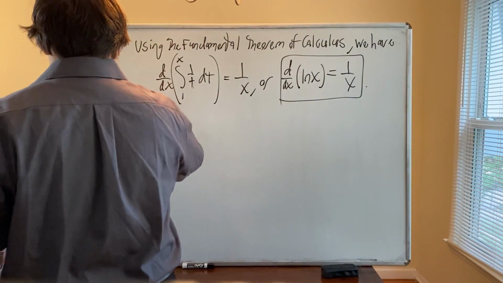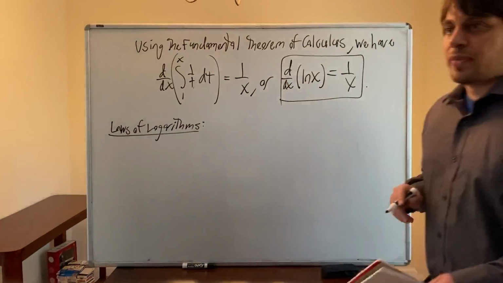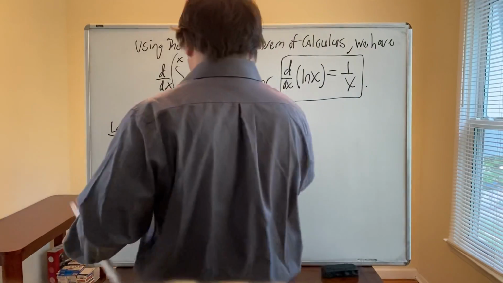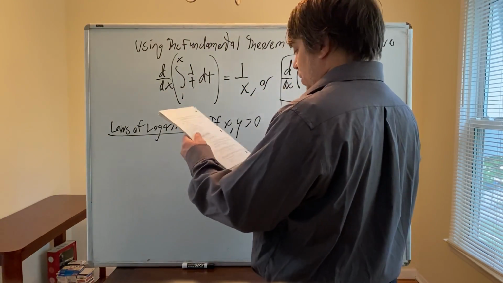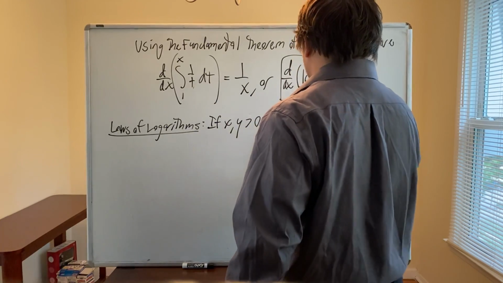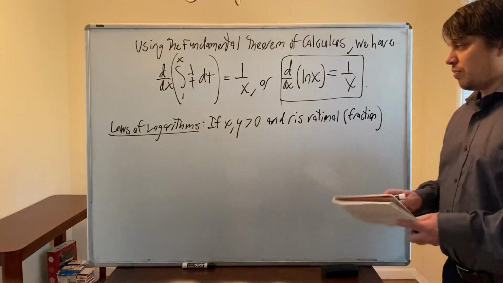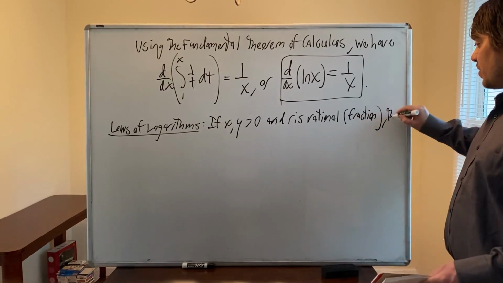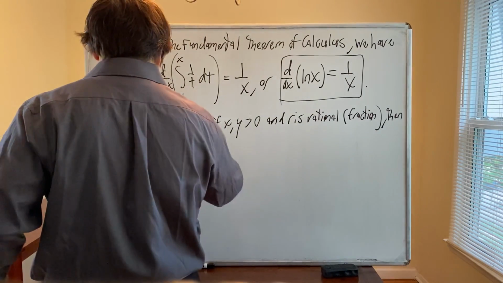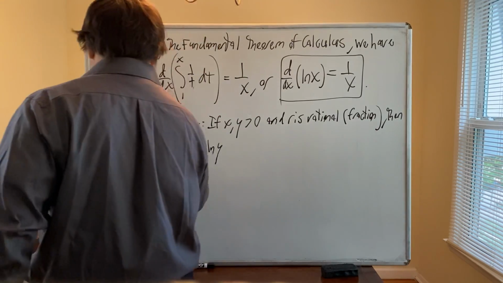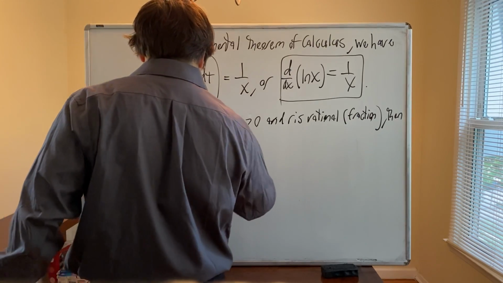Okay. All right, so we have that equation, the derivative of ln x is 1 over x. And next is laws of logarithms. Okay, so laws of logarithms. If x and y are positive numbers and r is rational, meaning a fraction, so x and y are positive reals and r is a rational number, then 1, ln of x times y is equal to ln x plus ln y. 2, ln of x over y is ln x minus ln y.